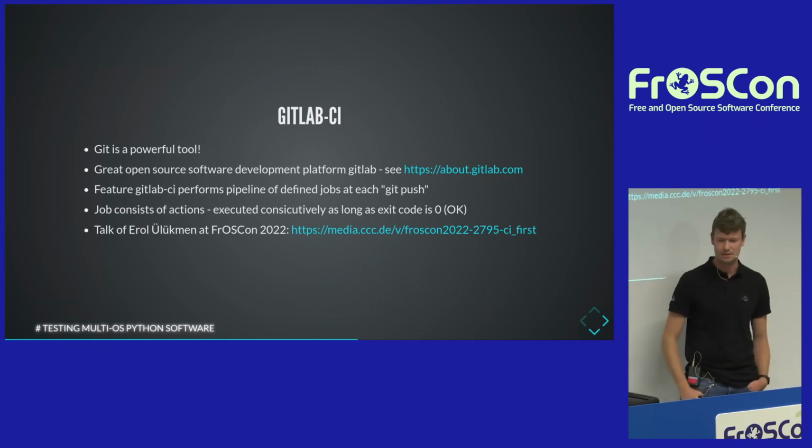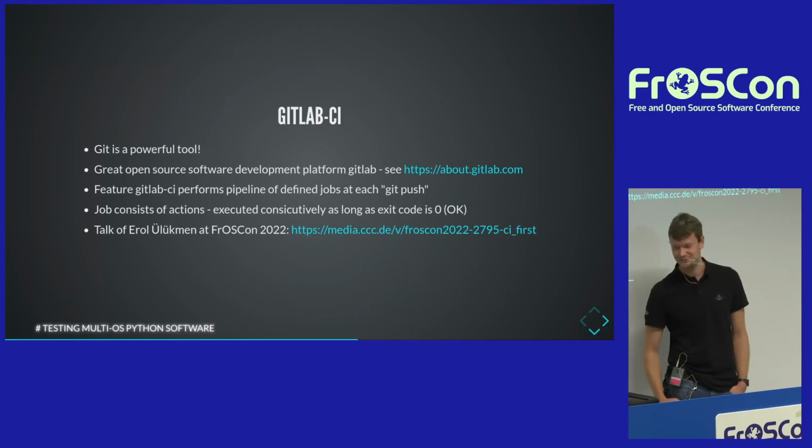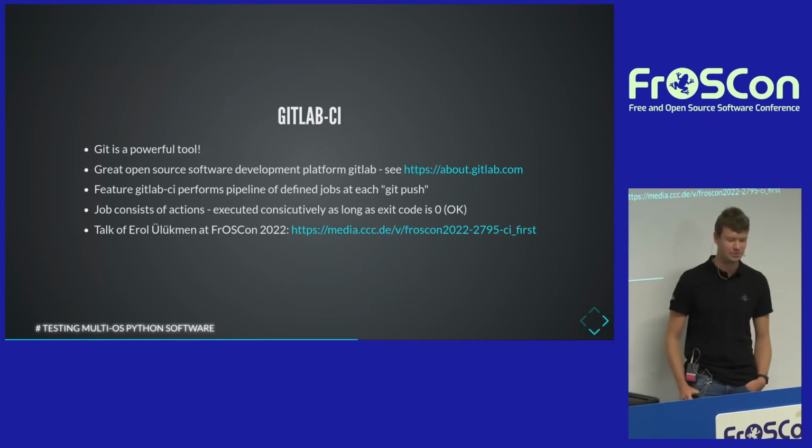And it offers ways to use it together to write software and to collaboratively develop things. And it has this mechanism, gitlab-ci, which runs a defined set of operations on every push. So every time you push some new commits to GitLab, it does things, and you can define what it does.